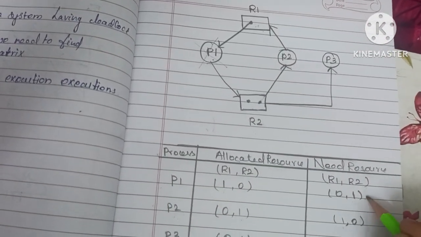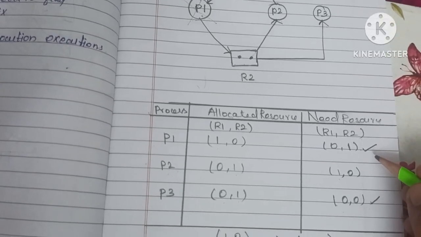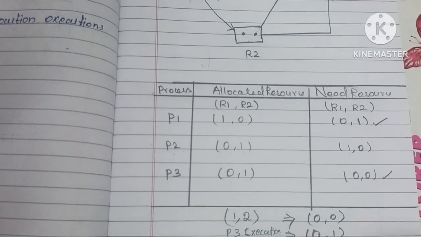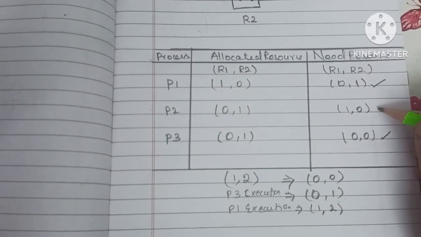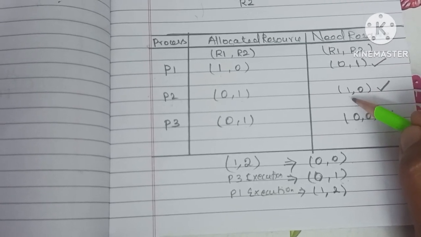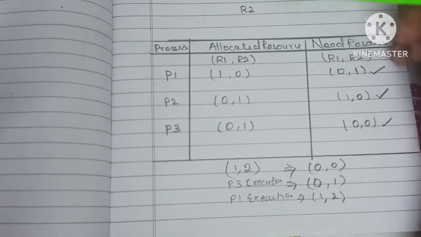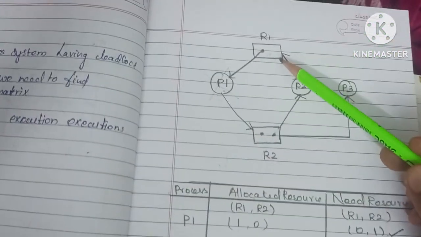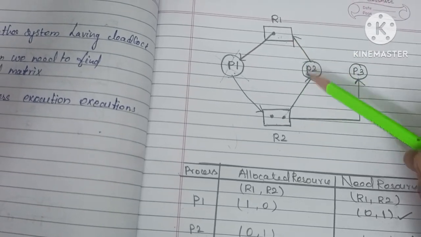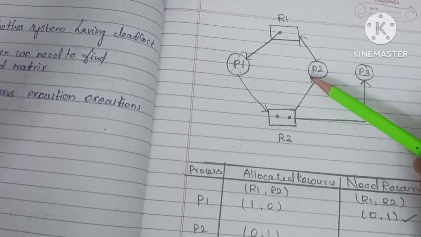So now the process P1 is executed successfully. Then with the availability of 1, 2 we can try to execute the process P2. For its execution it needs only one instance from R1. Once P1 is completed, it releases the instance of R1, so the process P2 can get the resource R1 for its execution.